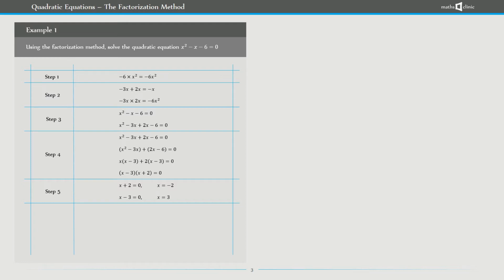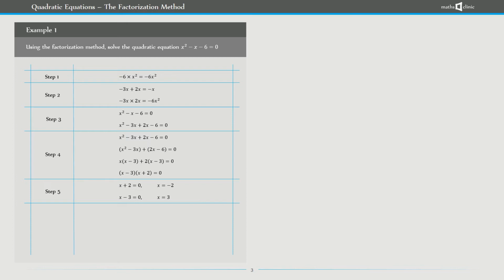Okay, so the first thing you do is you multiply the first and last term. The second thing you do is you find two terms that you would add to give the middle term, and when you multiply them, it gives you the result from step 1. Okay, step 3 says substitute those terms for the middle term in the equation, and once you have that, you simply group them in 2, and then you factorize linearly till you get to the point where x minus 3 multiplying x plus 2 equals 0.